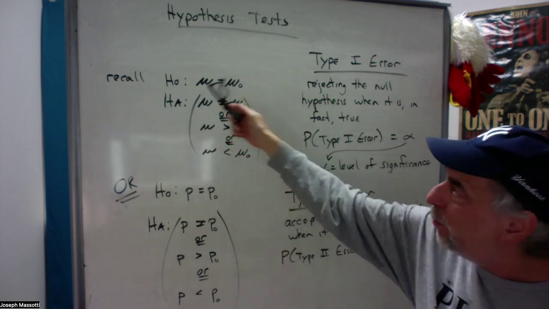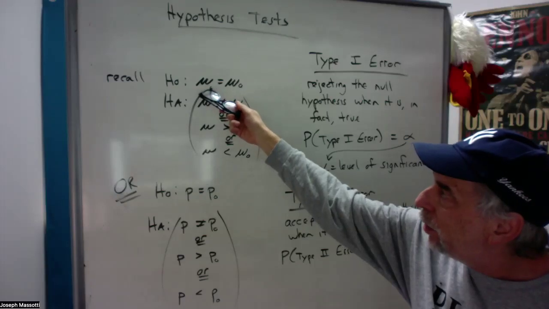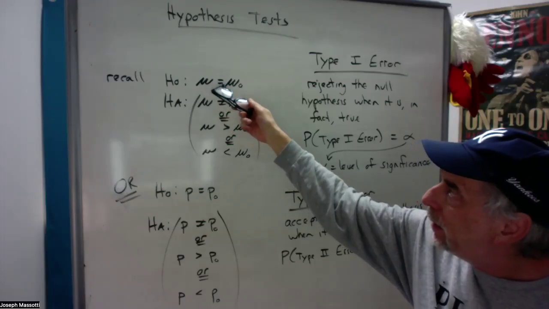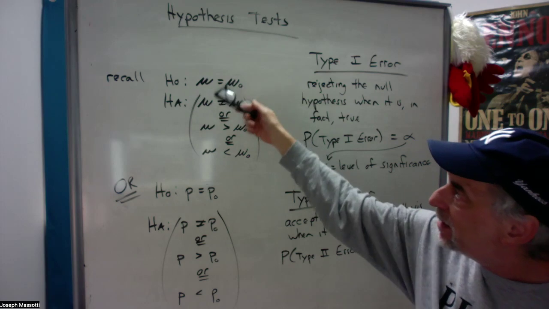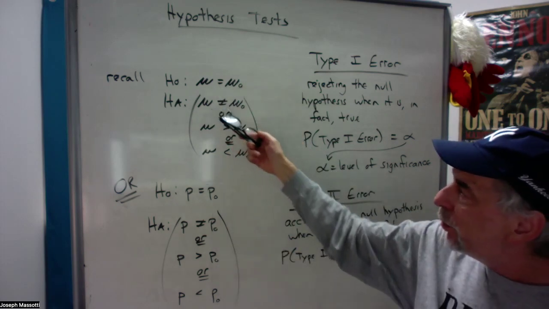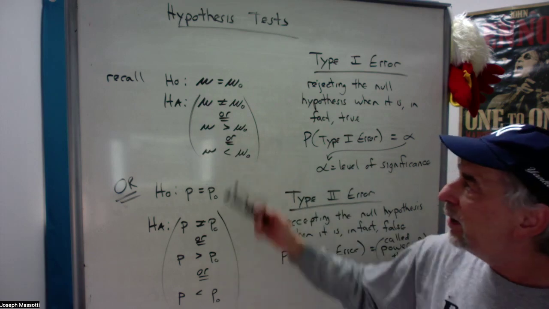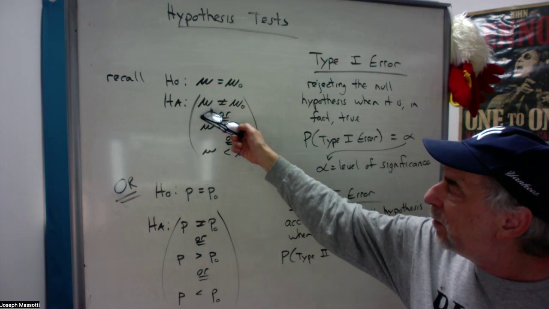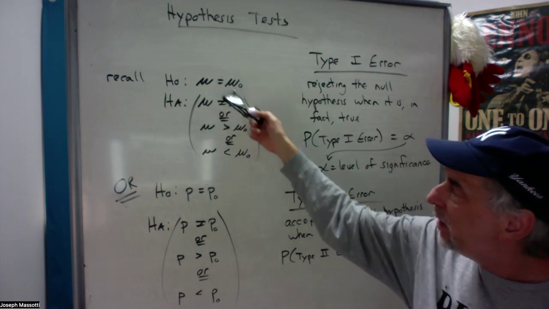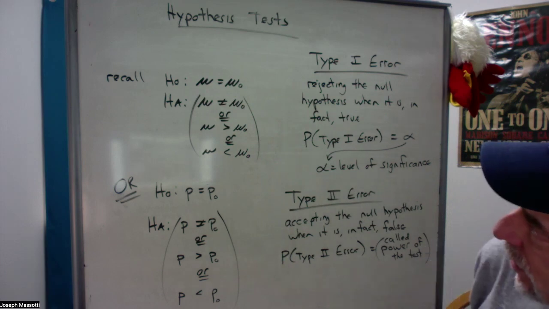If we were talking about means, the null hypothesis was that the unknown population mean equaled some hypothesized value of that mean versus the alternative, which could take one of three forms depending on the question. Either that the population mean doesn't equal that value we thought, which we call a two-sided alternative.